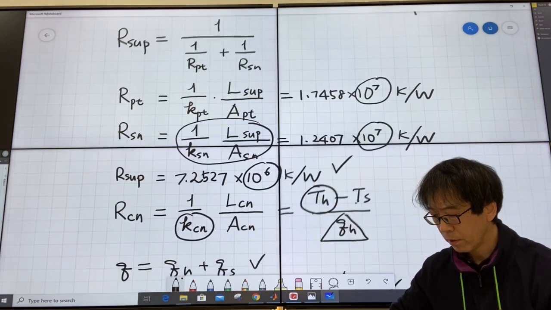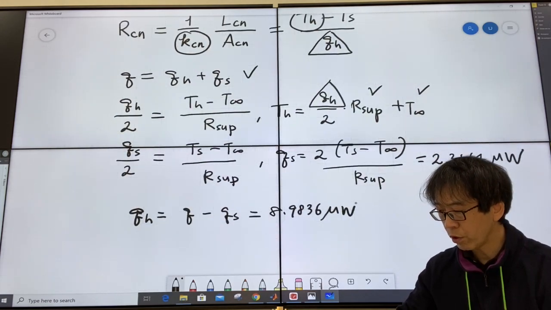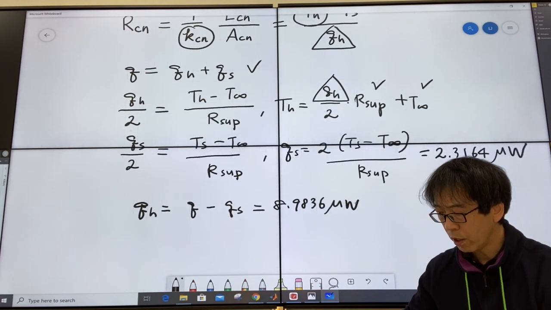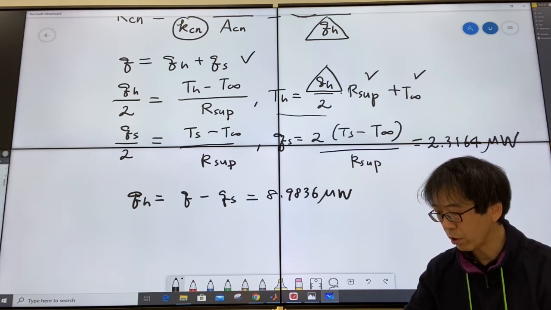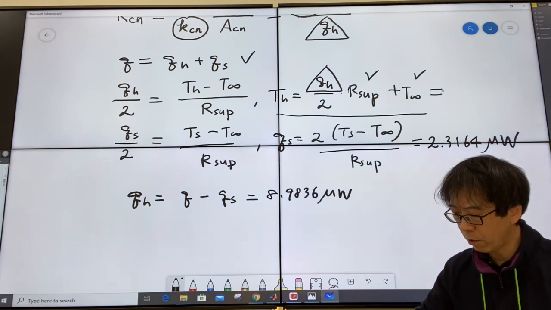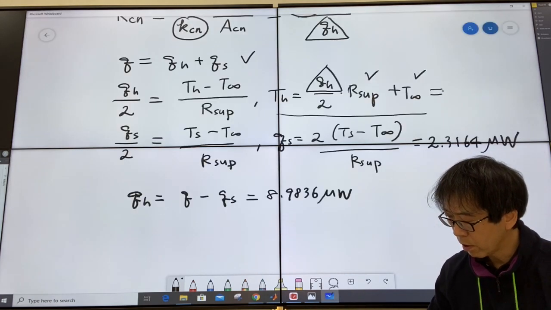Okay, so we are almost there. We know QH, done. Now we just have to calculate the TH. Because we know QH, you can use this equation to calculate TH. So let's use our calculator again. What was the equation?